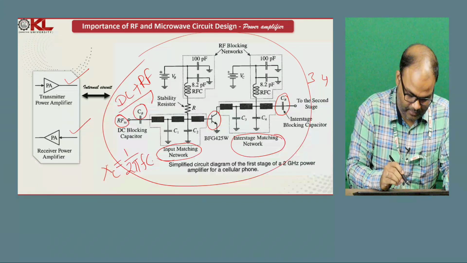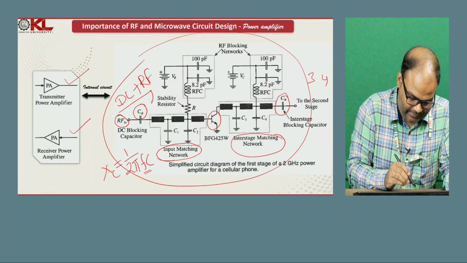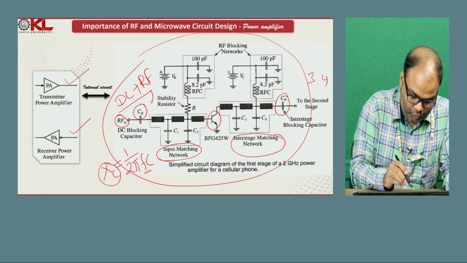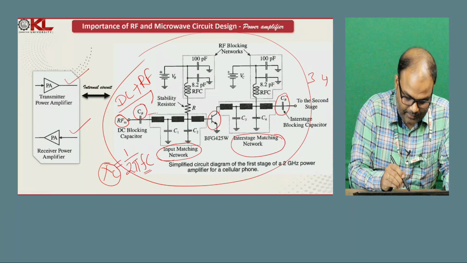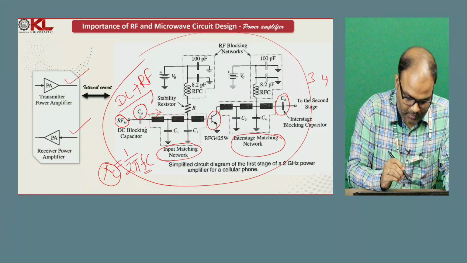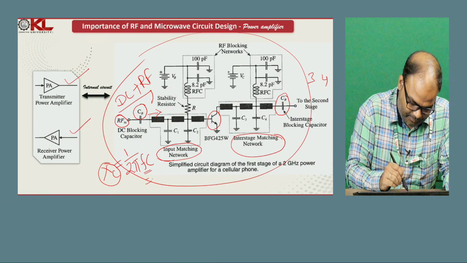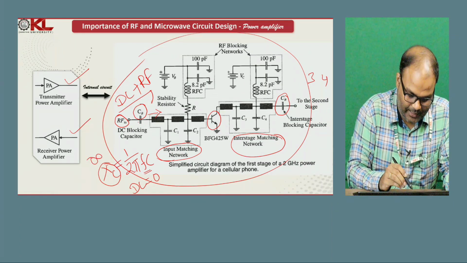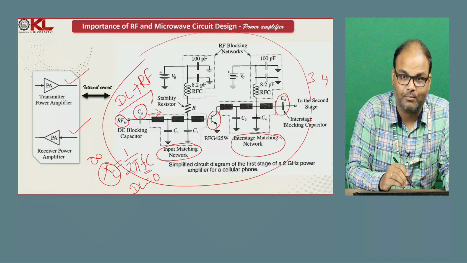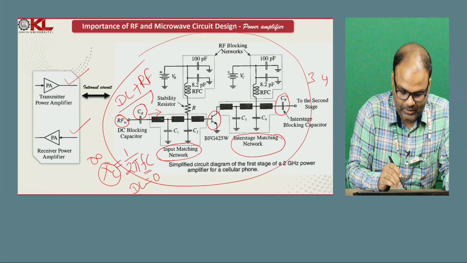When the frequency increases, Xc decreases. So for radio frequency it gives a path, but for DC, frequency equal to 0, so Xc is infinite. Infinite means the circuit breaks, so no DC component will pass from this side to this side.